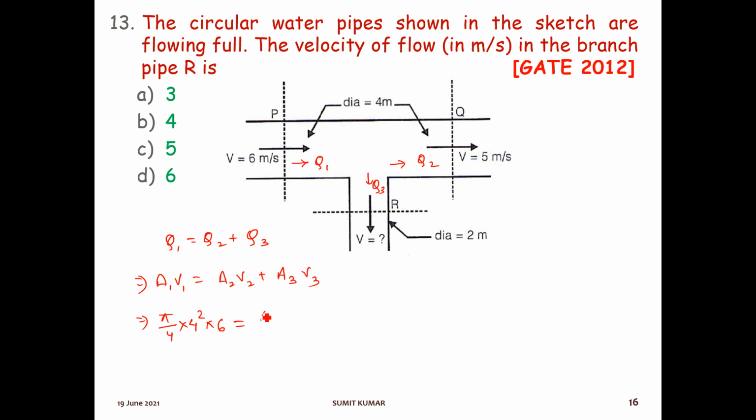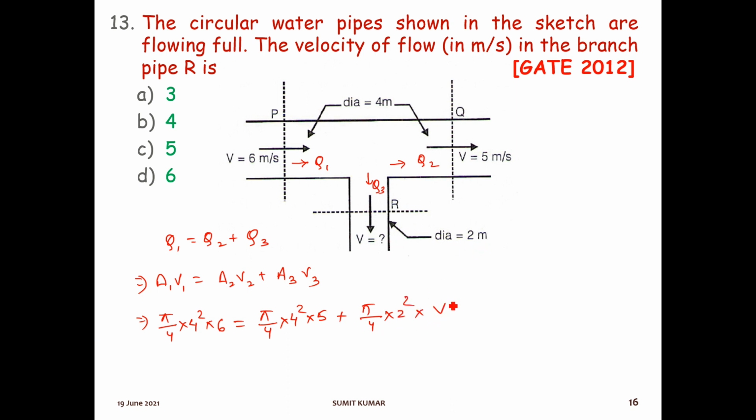Again, A2 is pi by 4 into diameter square, diameter is 4 meter square, into velocity 5 meter per second, plus A3, which is pi by 4 into diameter 3, given as 2 meter, 2 square into velocity.